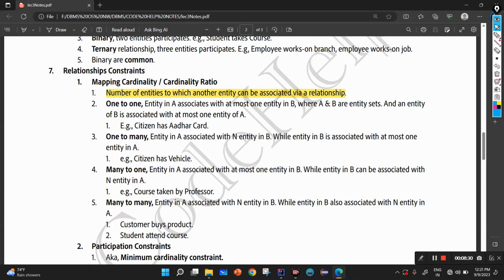Got the point? One to many, many to one, many to many, these are all mapping cardinalities. One to one means one citizen has one Aadhaar card; one citizen has many vehicles. Many to one: many courses taken by one professor.